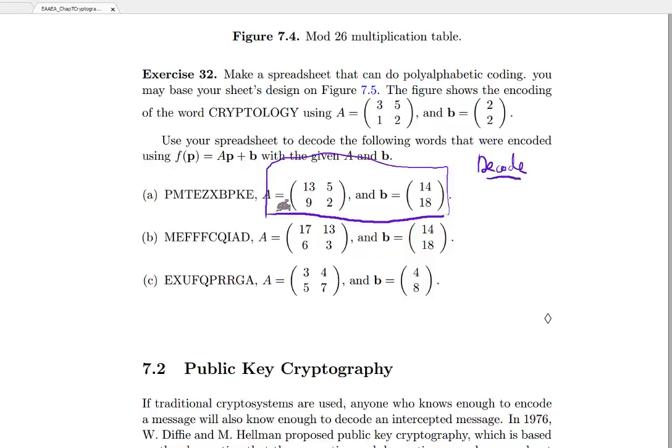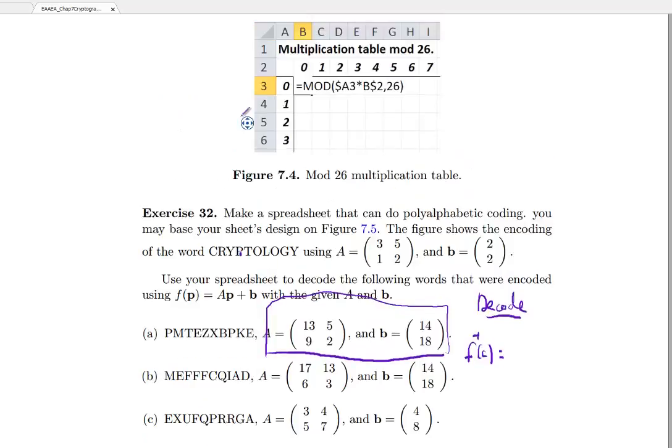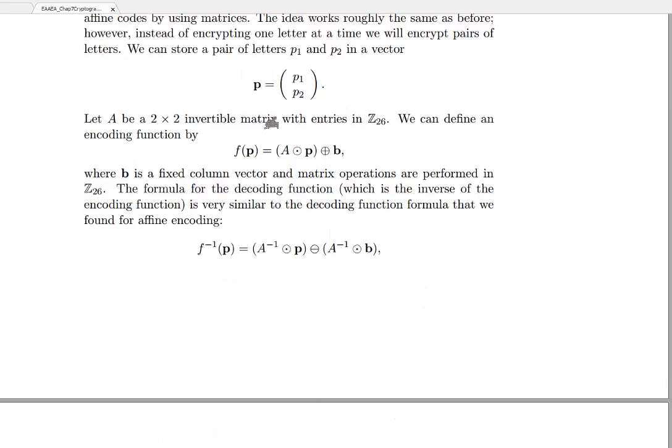And the decode function is going to be, I think it was written this way, f inverse of c equals, well, let's go back and check and see what it is. Here we go. It's A inverse times P minus A inverse times B. Very similar to the affine, only with matrices.